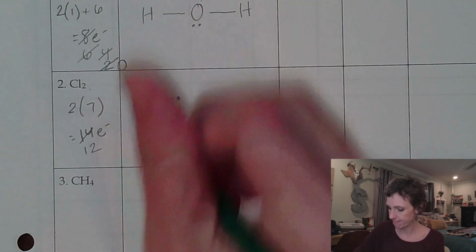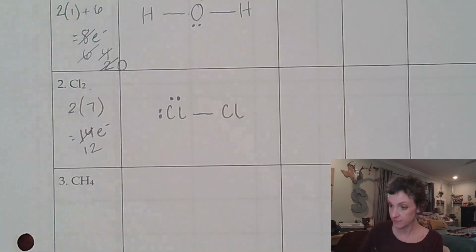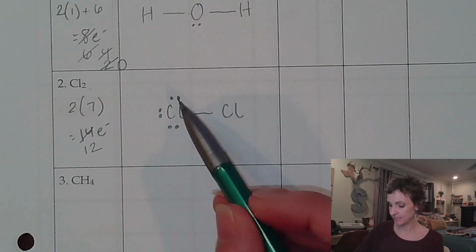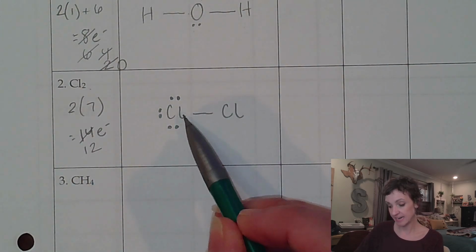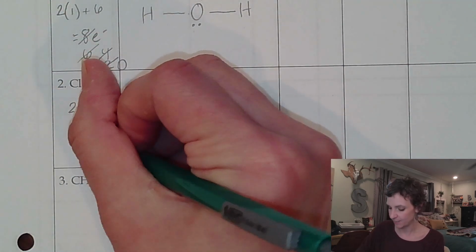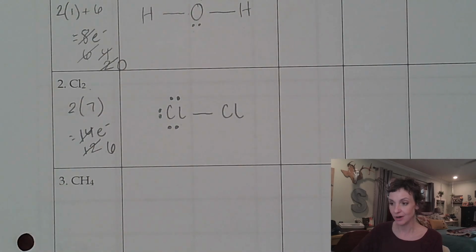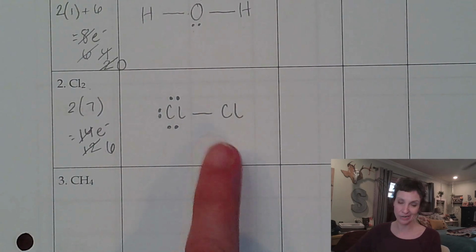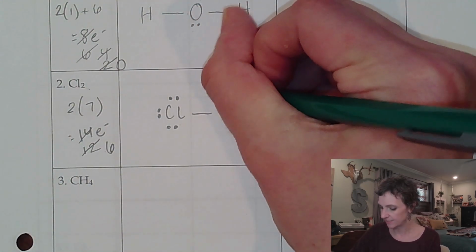So 1, 2 on the top, 3, 4 on the side, 5, 6 on the bottom. So now he's got 1, 2, 3, 4, 5, 6, and 7, 8 in that bond. So I've used up 6 electrons making that happen. I have 6 left to go, which you're already anticipating being like, okay, this is sounding pretty good, because that chlorine over here also needs 6 to satisfy his octet.